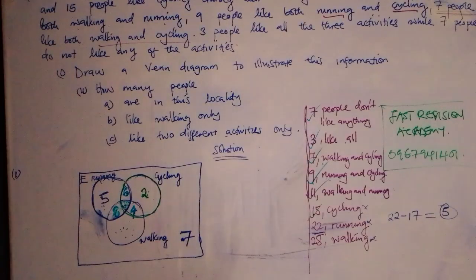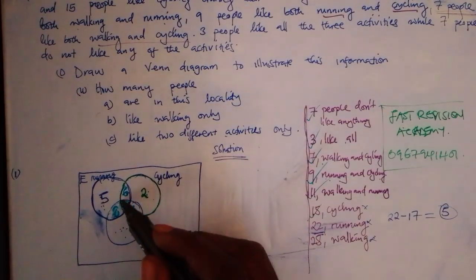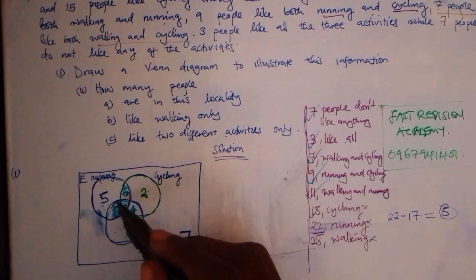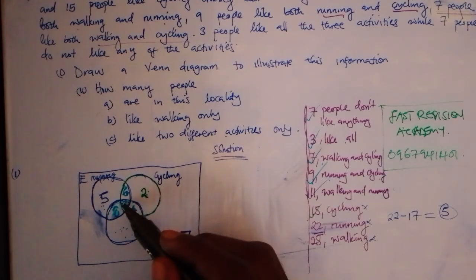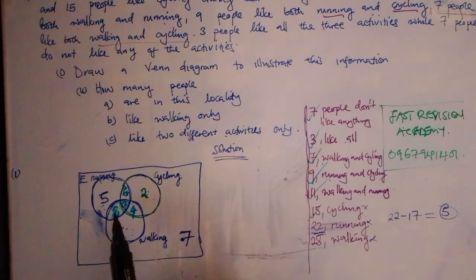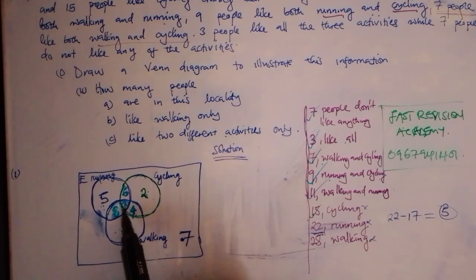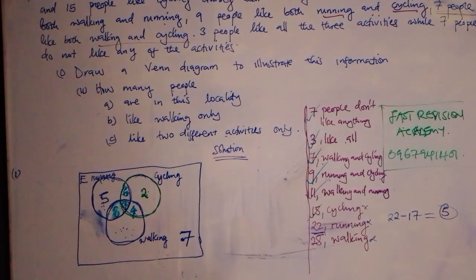So those who liked walking, again, it's this circle down here. So remember that we have how many? Again, we have 3. We have 8 plus 4, which is 12, plus 3, which is 15. So we already have 15 people who liked what? Walking.